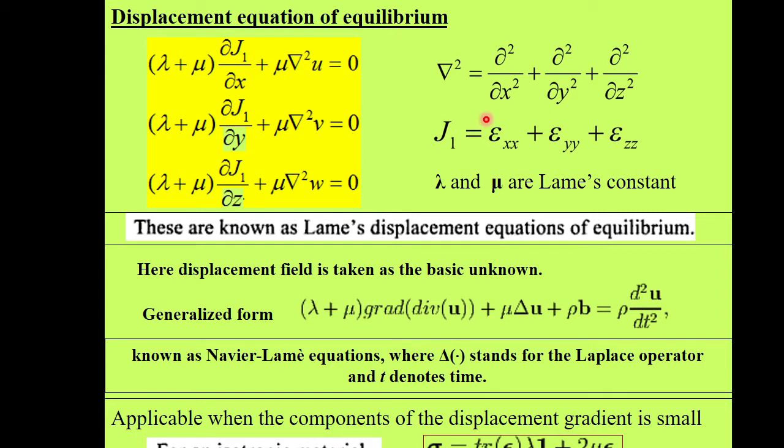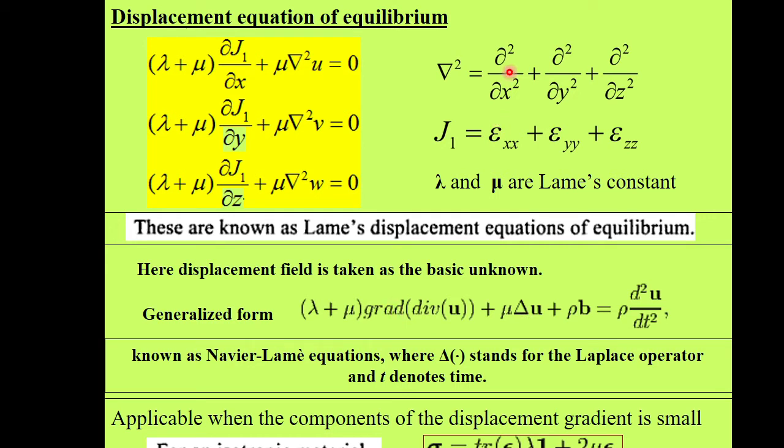Now, if we retain the body force part and the inertia terms in this equation, then the equation would be something like this. So in this equation, we are adding the body force part and the inertia force part. That is delta square. This grad is this operator, right? Yes, sir.